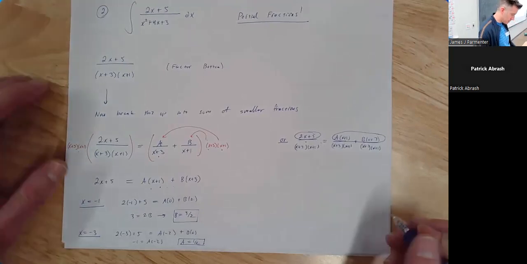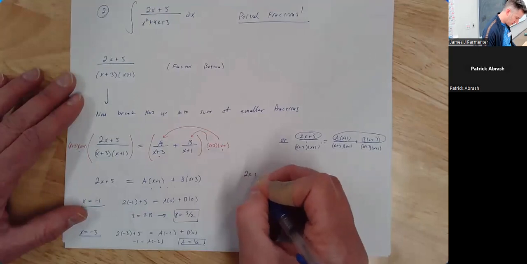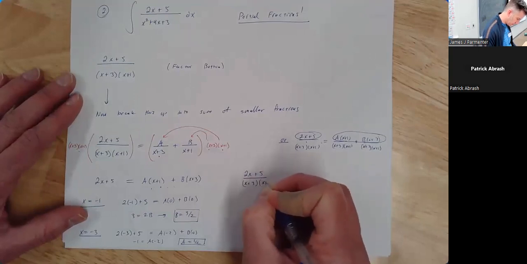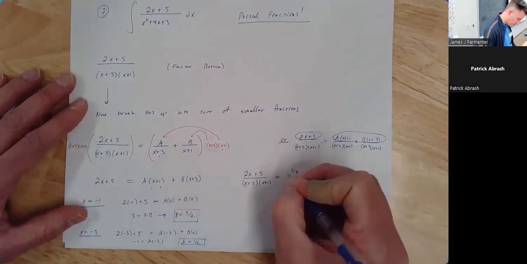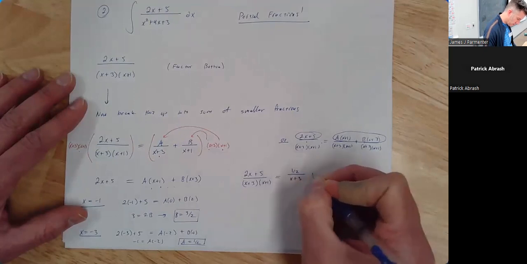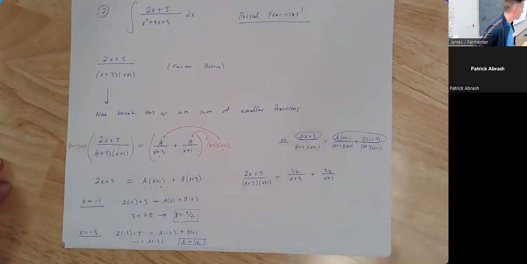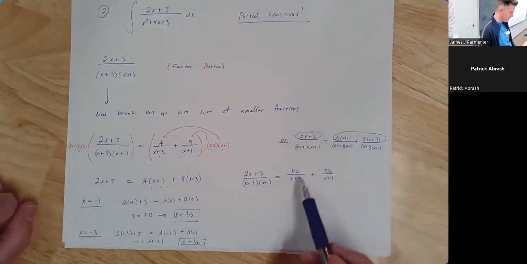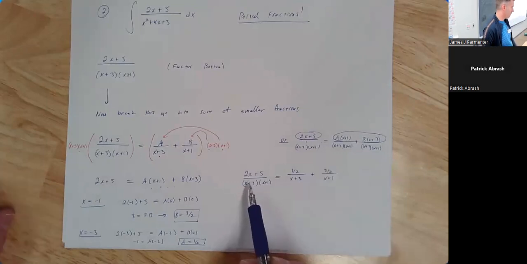So what this means for us is that our expression, 2x plus 5 over x plus 3 times x plus 1, can be written as the sum of fractions 1/2 over x plus 3 plus 3/2 over x plus 1. And it would totally work, right? You could multiply this by x plus 1 over x plus 1, and this by x plus 3 over x plus 3, and reconstitute that thing over there.